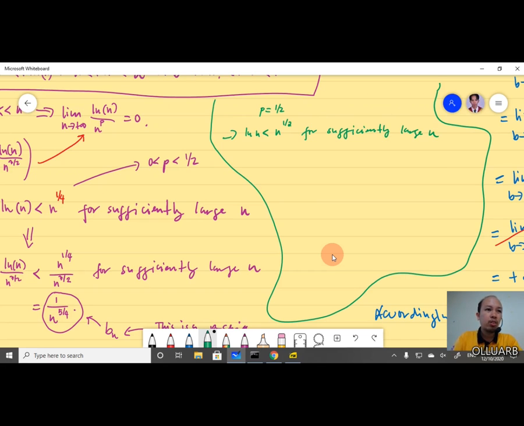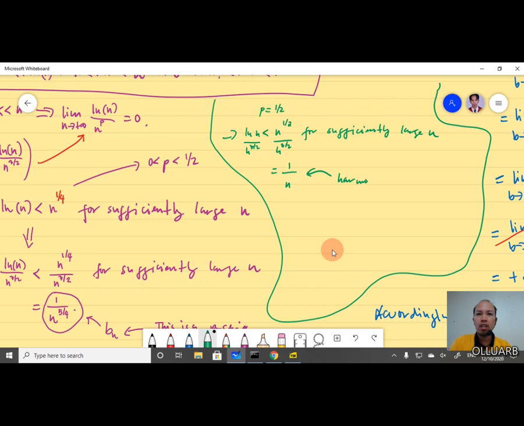So if you multiply both sides by n to the 3/2, then you will have 1 over n to the 1. Sorry, n to the 1, or a harmonic series, since 3/2 minus 1/2 is 1. This is a harmonic series.